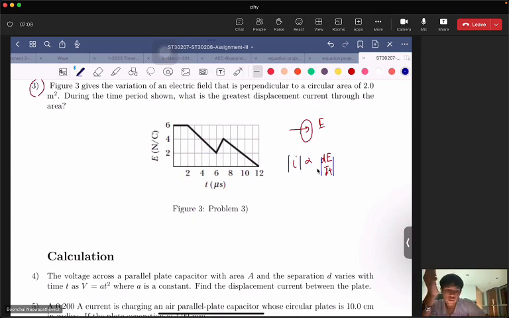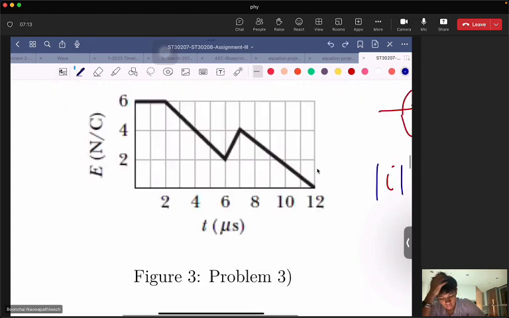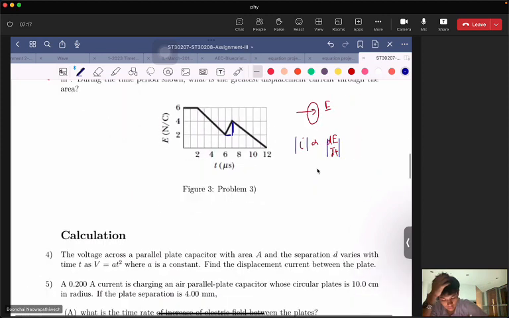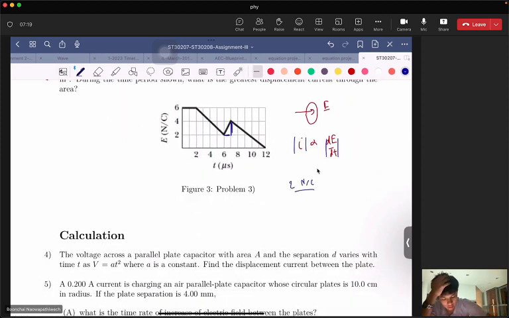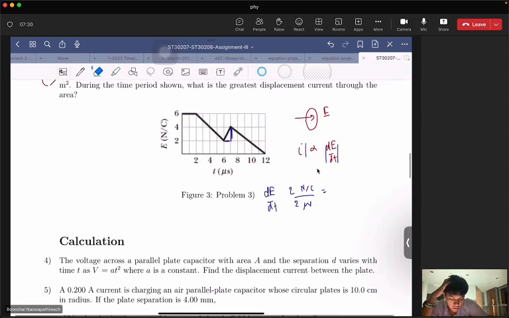The high value of slope is over here. The slope is 2 Newton per Coulomb per 2 millisecond. But actually it doesn't matter whether we care about the direction or not, because here the slope is still the maximum.